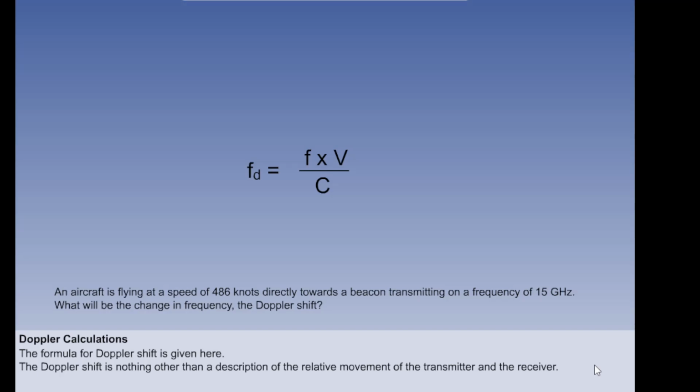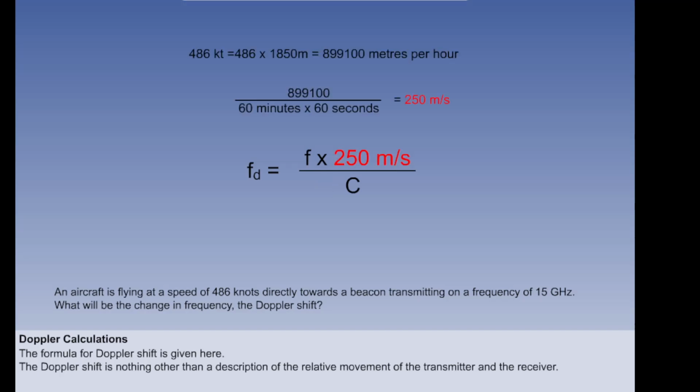For example, if an aircraft is flying at a speed of 486 knots directly towards a beacon transmitting on a frequency of 15 gigahertz, what will be the change in frequency? The Doppler shift. Convert everything into units per second.